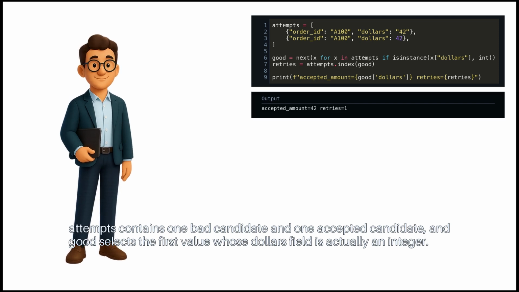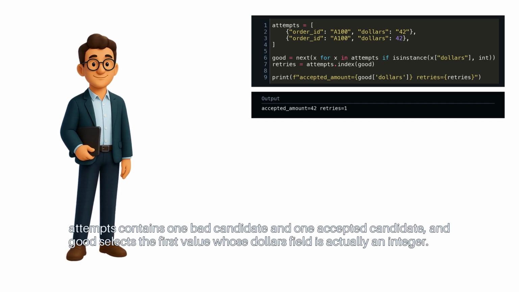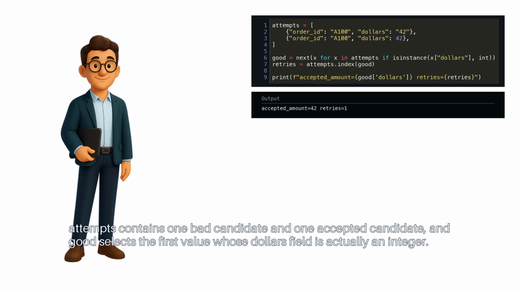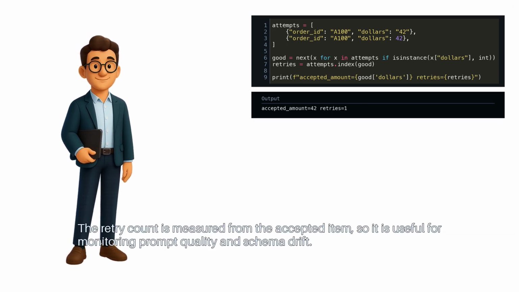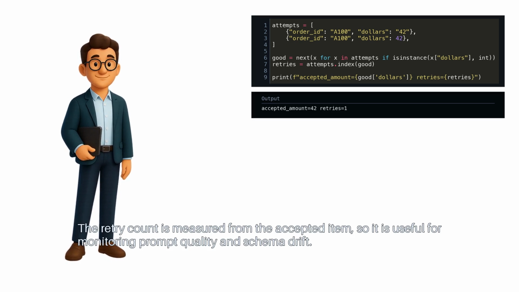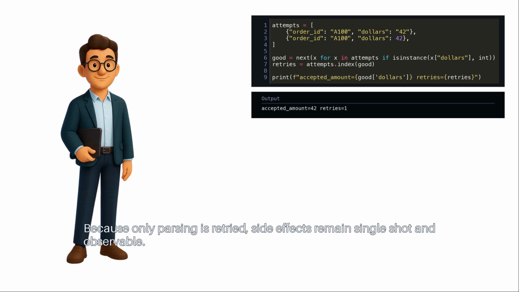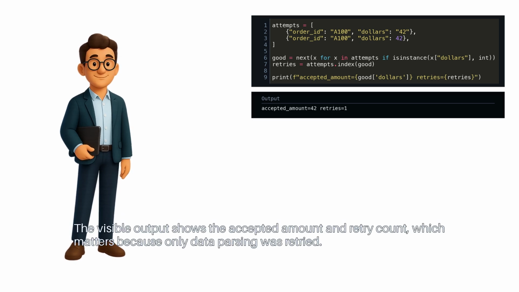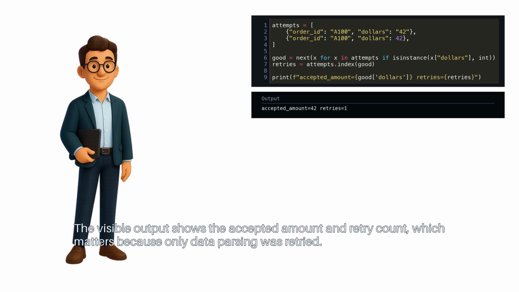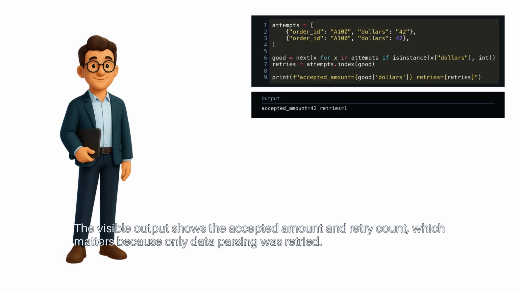Attempts contains one bad candidate and one accepted candidate, and good selects the first value, whose dollars field is actually an integer. The retry count is measured from the accepted item, so it is useful for monitoring prompt quality and schema drift. Because only parsing is retried, side effects remain single-shot and observable. The visible output shows the accepted amount and retry count, which matters because only data parsing was retried.